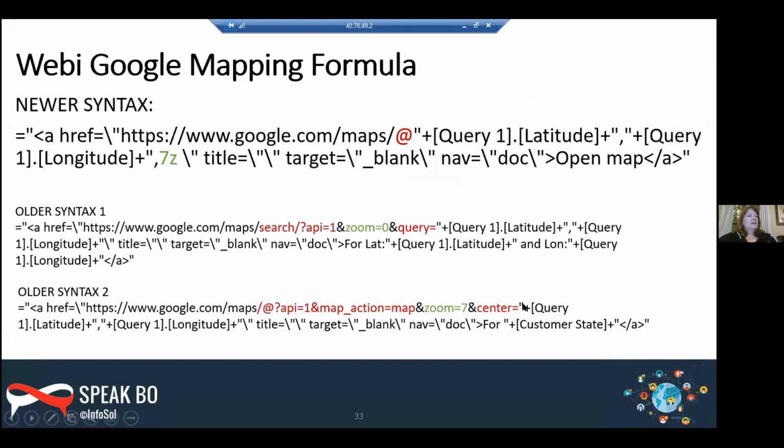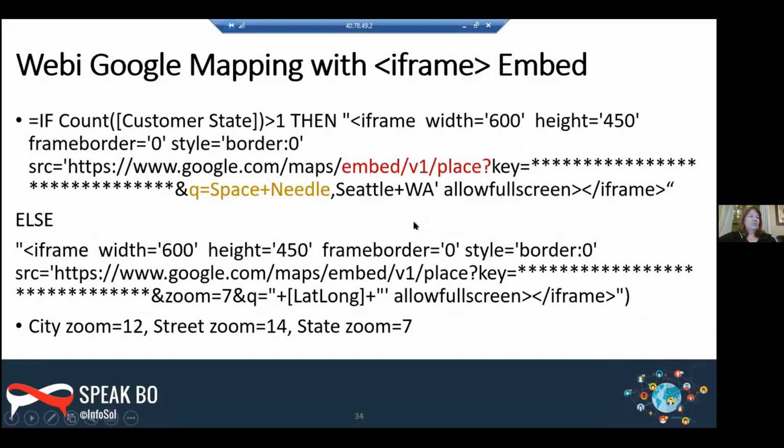And then there's the syntax for the information you're going to pass in. If you have latitude and longitude, that's great, because that gets very specific. But if you just have a street name, that can work as well, as long as you have the licensing for sending that information.